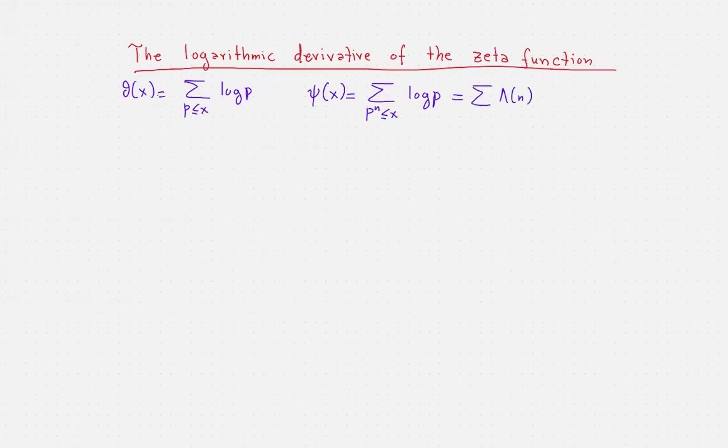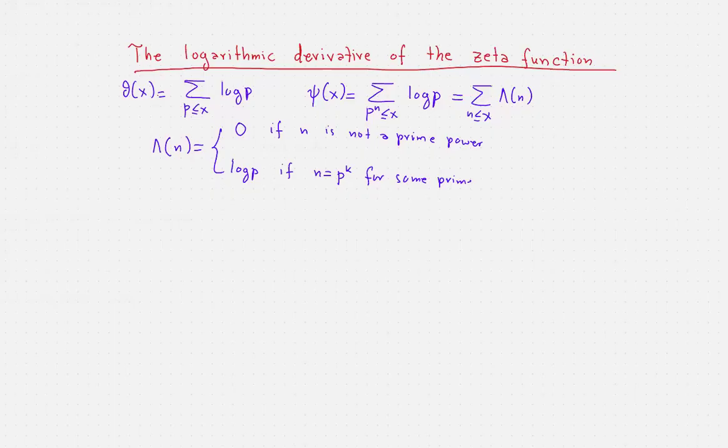And the von Mangoldt function is defined by zero if n is not a prime power, and logarithm of p if n is equal to p to the k for some prime p and some number k greater than or equal to 1.